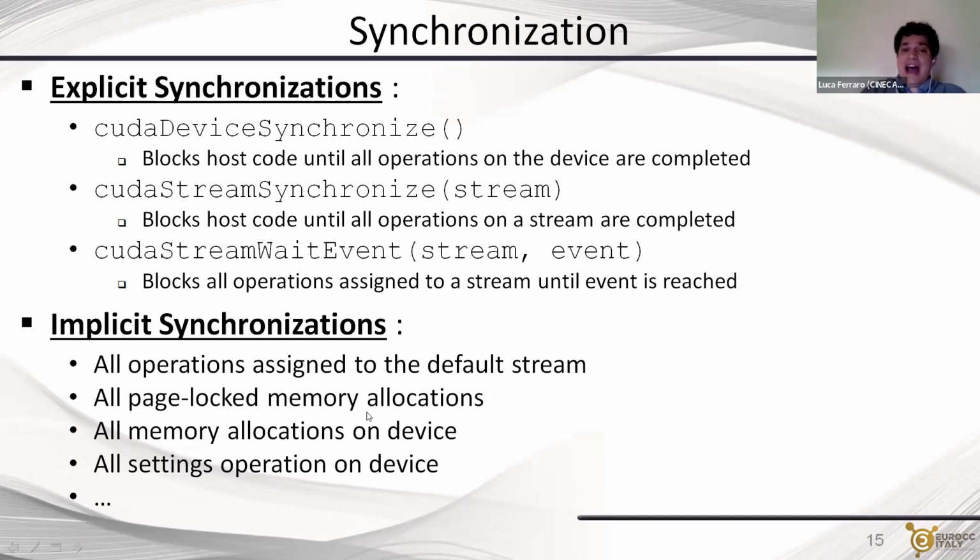For example, allocations of page-locked memory, which we will see later, are implicit synchronization points. All memory allocations on the device are implicit synchronization points, and so on. So you have to be aware of what is an explicit barrier and what is an implicit barrier that you put in your code with other CUDA calls.